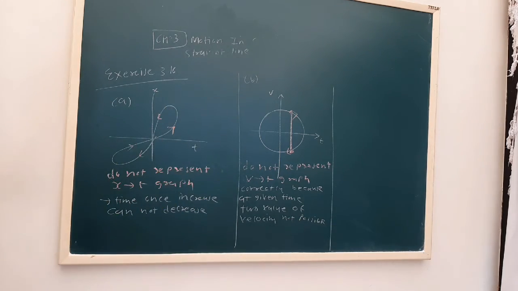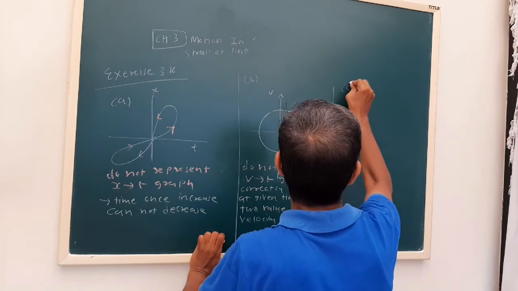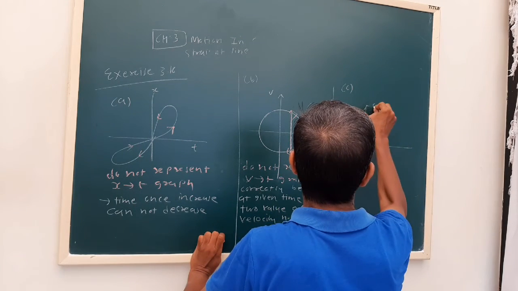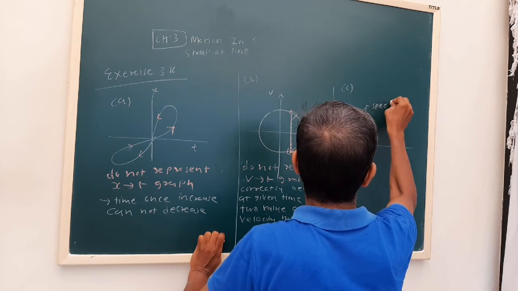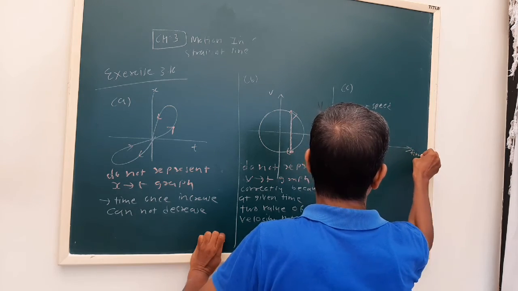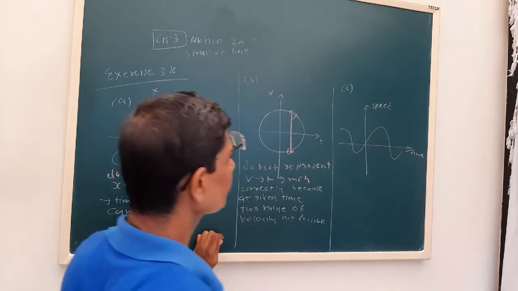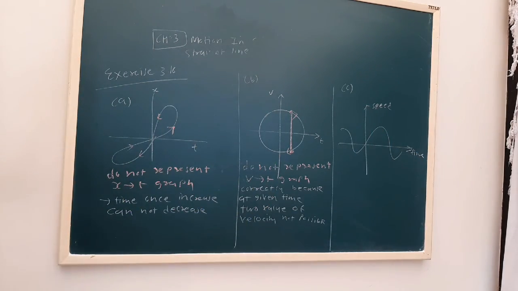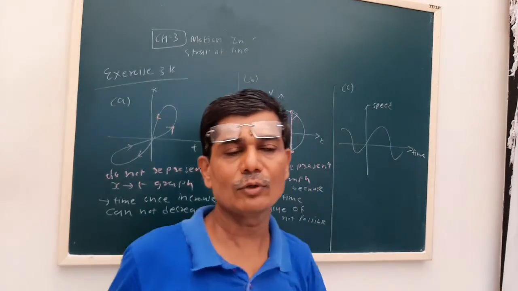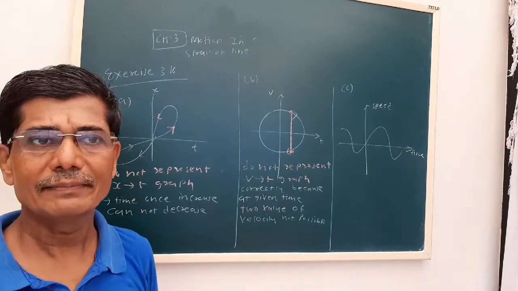Now see the third graph is a speed time graph, which is shown like this. But we know this graph also does not represent one dimension motion.